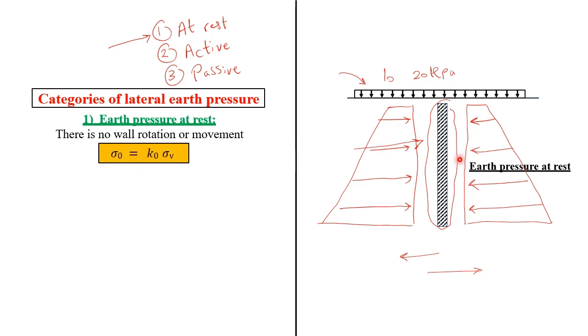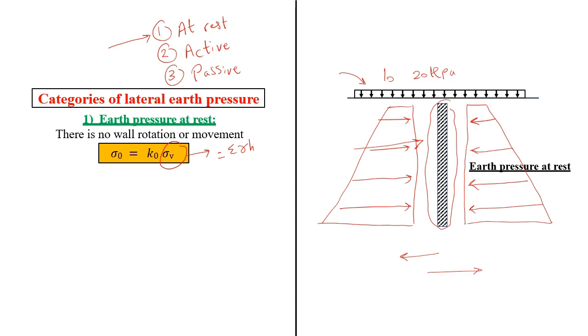To calculate the lateral earth pressure on the wall, you use this equation: sigma O equals KO sigma V. You first have to calculate the effective vertical stress, which is the summation of gamma h.